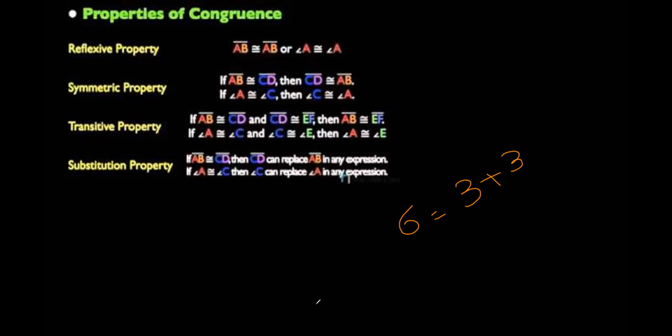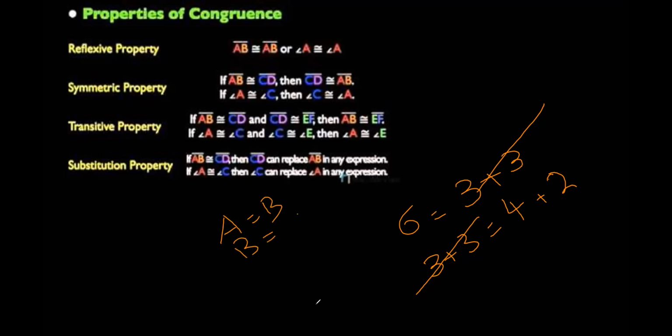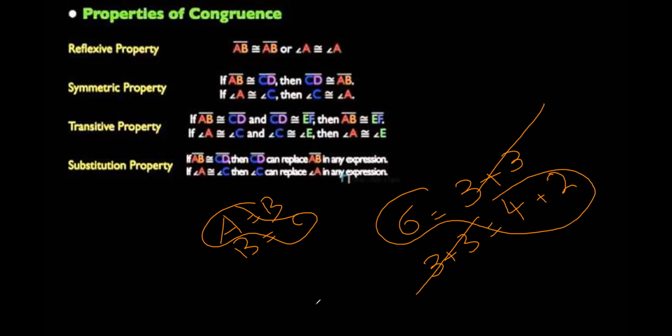And 3 plus 3, is it equal to 4 plus 2? Yes, they are 6. So they cancel each other. I told you that if A equals B and B equals C, then A equals C, because B cancels out. So here it is the same: 6 equals 4 plus 2.